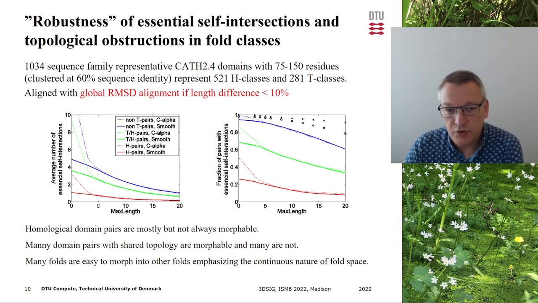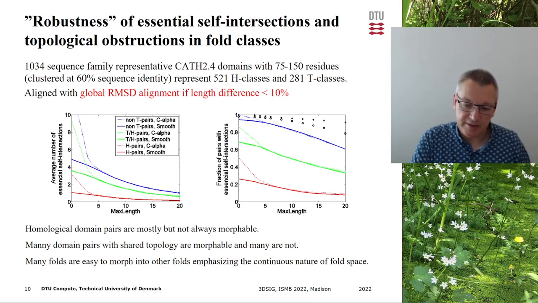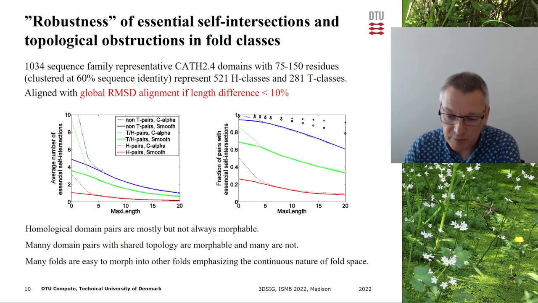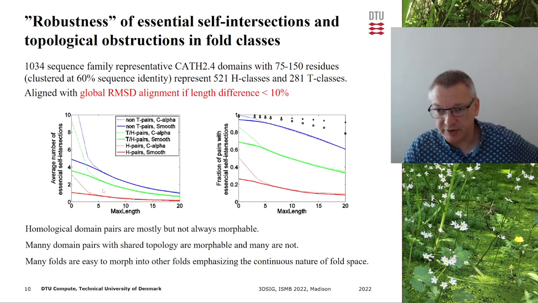But using the Reidemeister moves of length up to 5 amino acids, the number of self-intersections left over, the essential ones, are almost the same. So this is showing you a robustness of the notion of essential self-intersections.